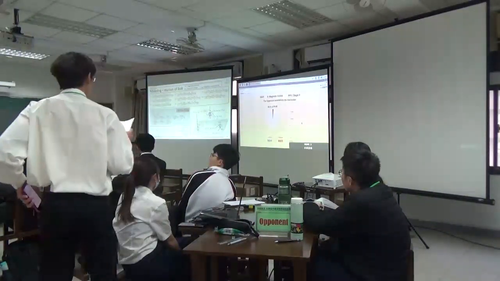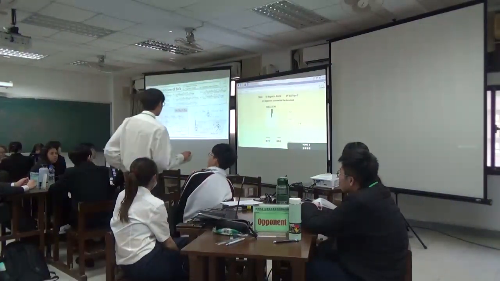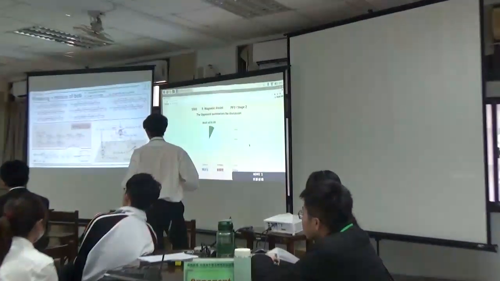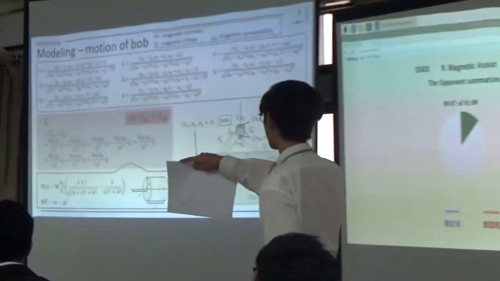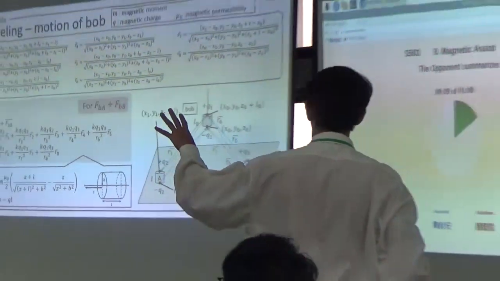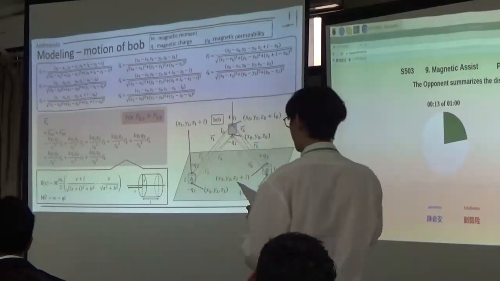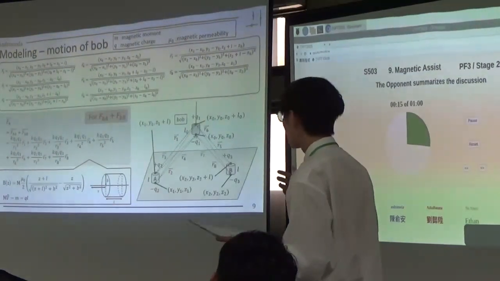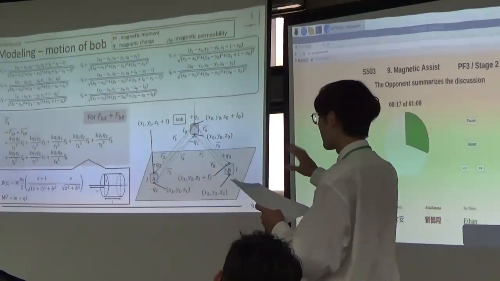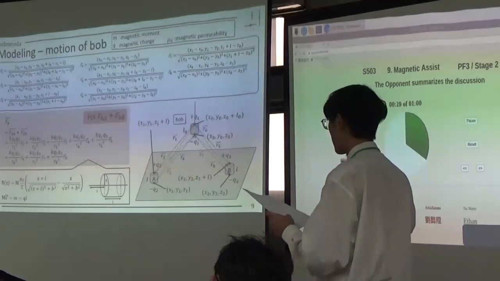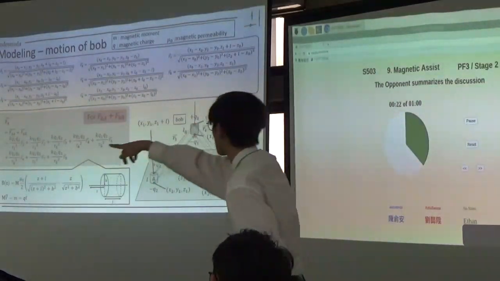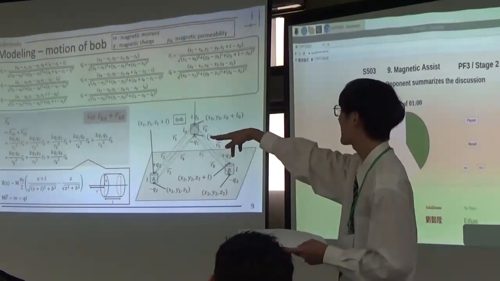Upon that, please summarize the discussion. In our discussion, we talked about a lot of things, such as the several parts of the setup. They did not define how far the magnets will not be influenced by the two magnets that they have shown at the table, the blackboard.